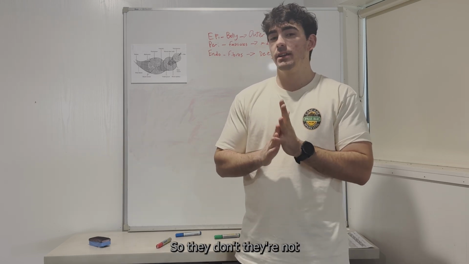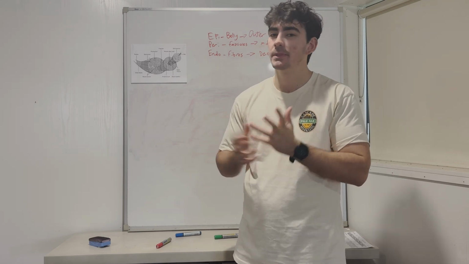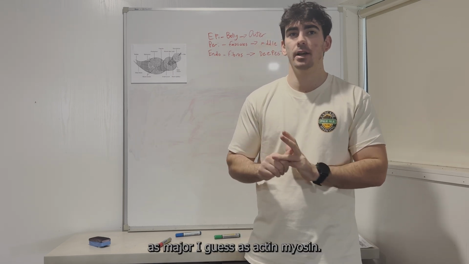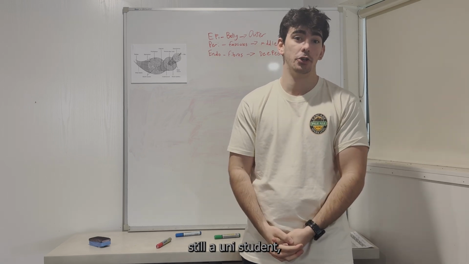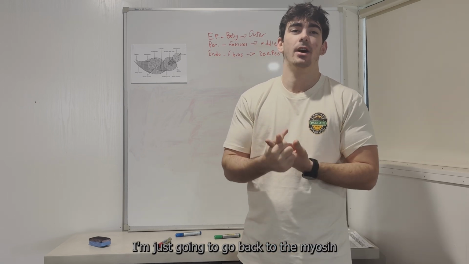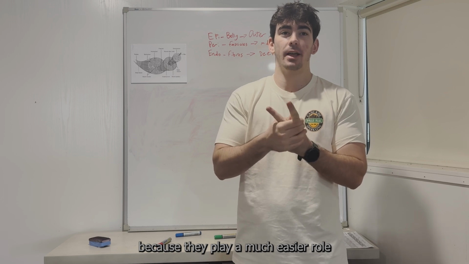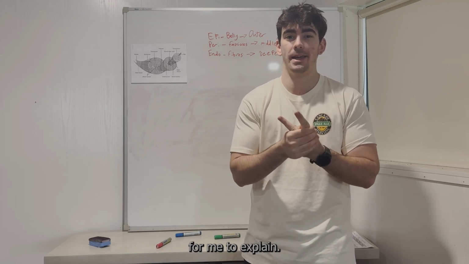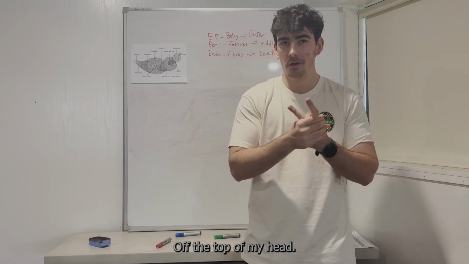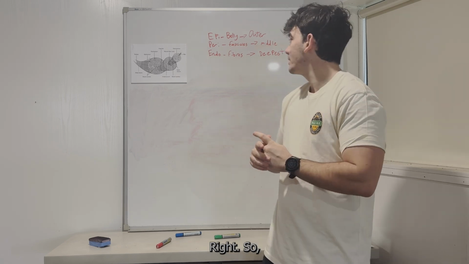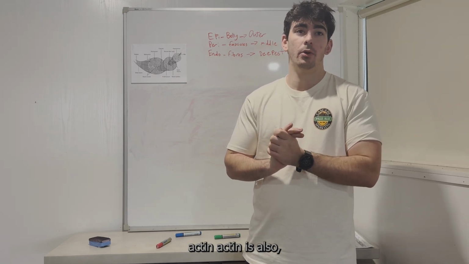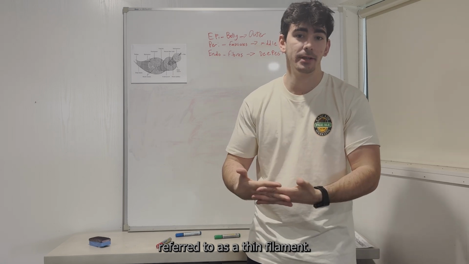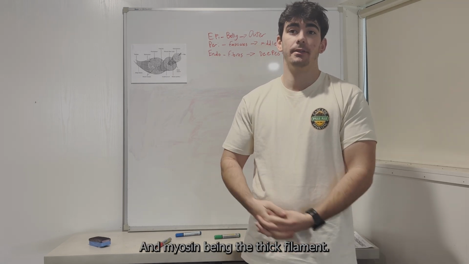So they're not as major, I guess, as actin and myosin. For the sake of simplicity, and the fact that I am still a uni student, I'm just going to go over actin and myosin because they play a much easier role for me to explain off the top of my head, right? So actin is also referred to as a thin filament, and myosin being the thick filament.